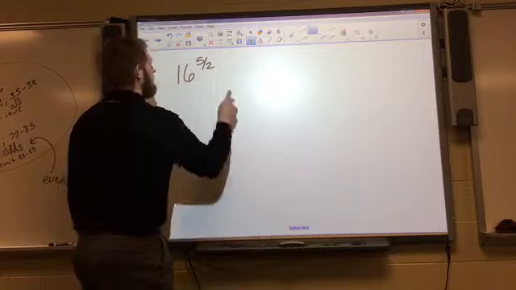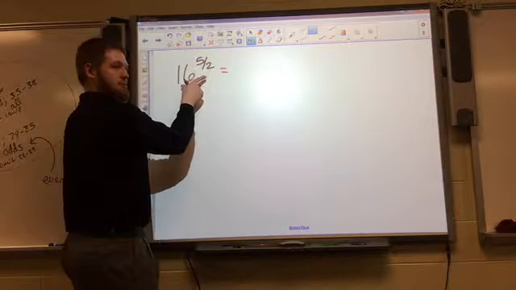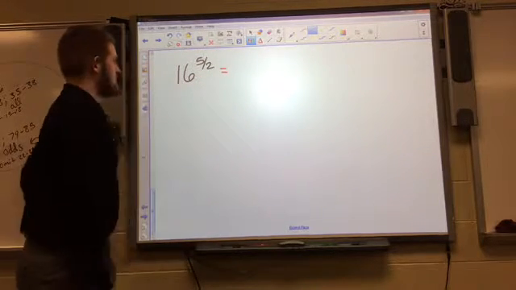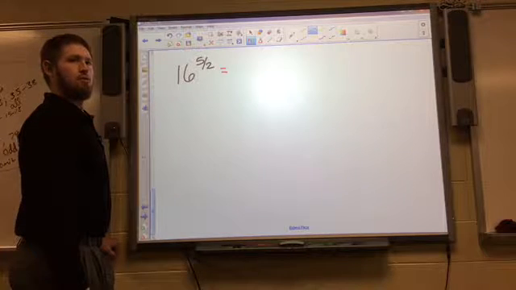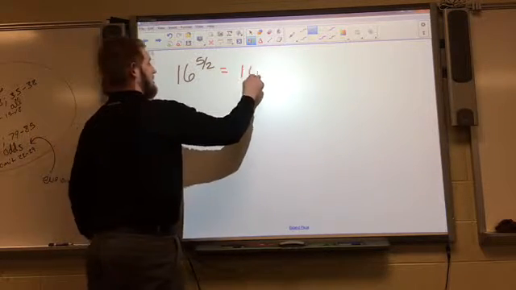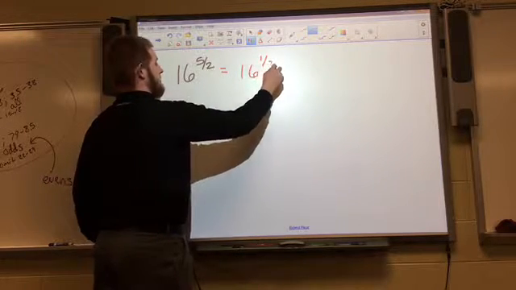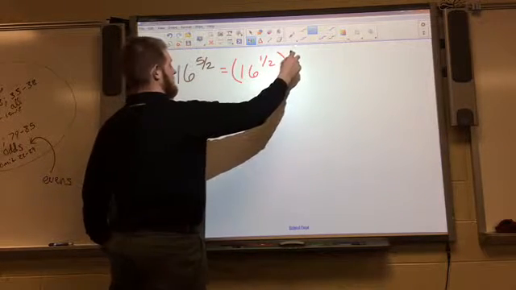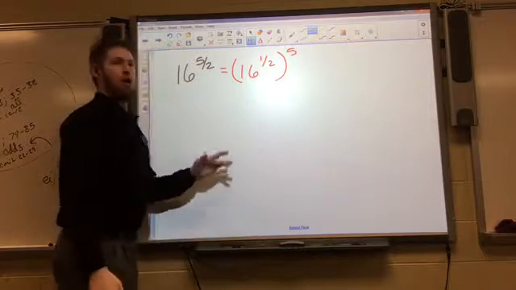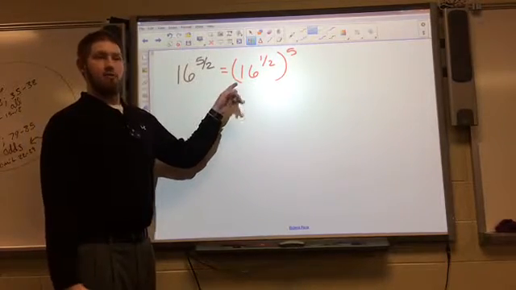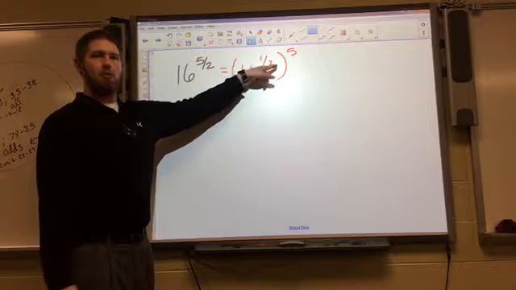So, what can I change this into? It could be 16 to the 1/2 and then raised to the 5th power. Well, I know, and maybe you don't even need to write it, 1/2 power means what?